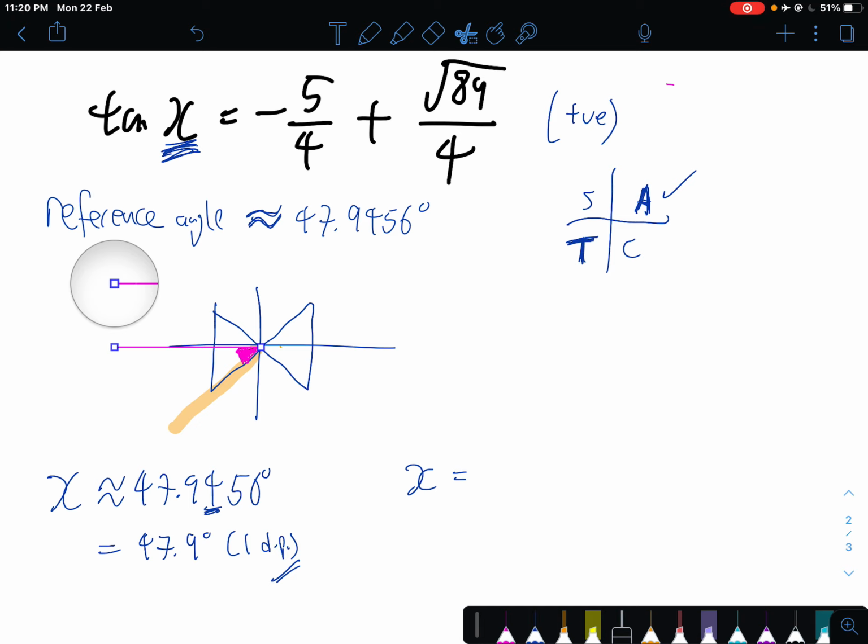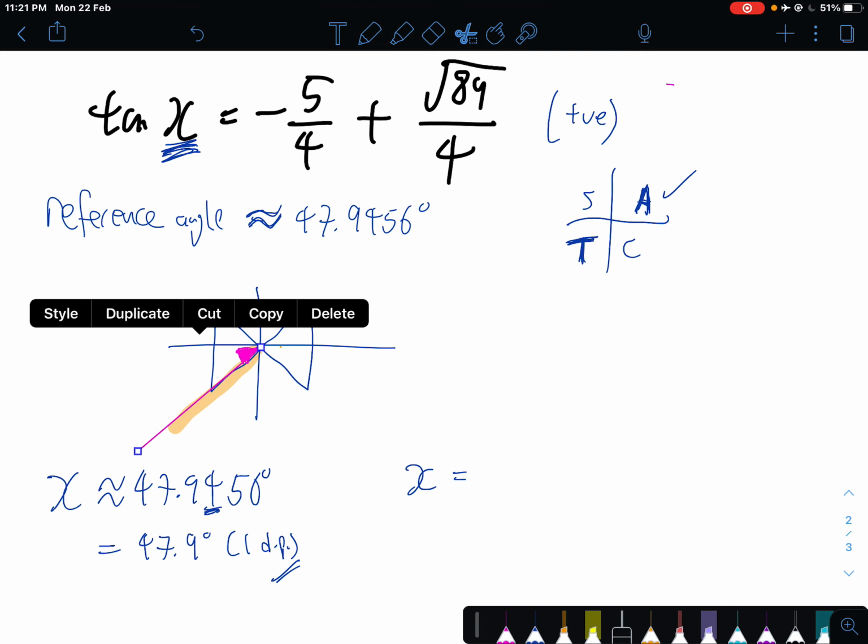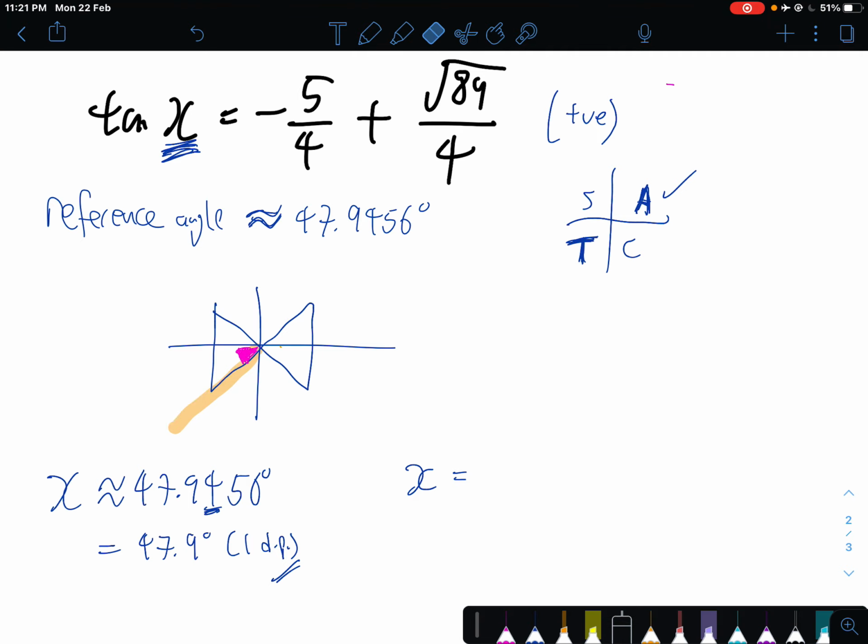Almost, but still no. Continue anti-clockwise until you eventually reach your orange angle. But take note that a special formula you can use now is 180 degrees plus the reference angle. Of course, please learn to visualize this instead of memorizing it. So x is now nothing but 180 degrees plus that tiny little angle that we added, which is the reference angle.